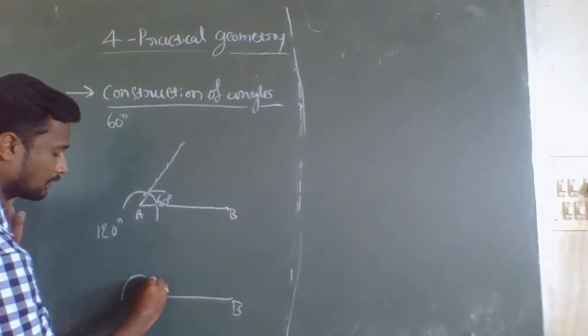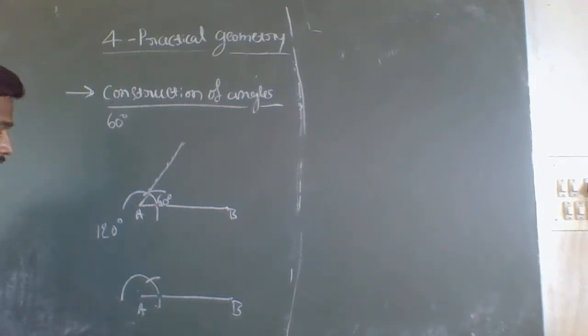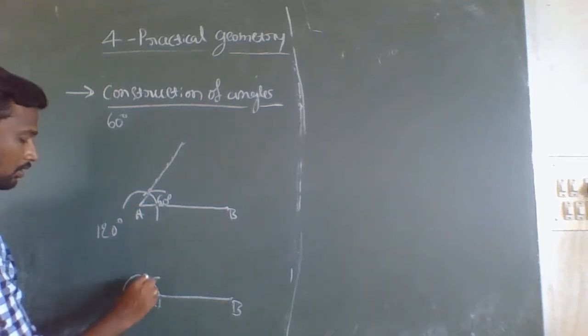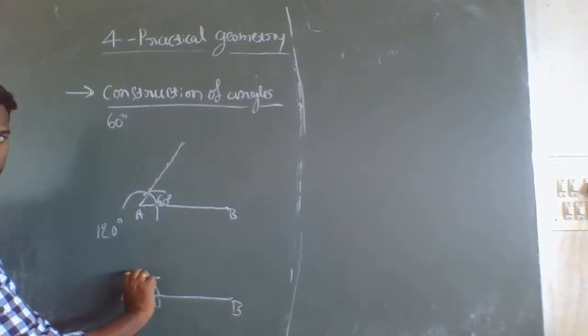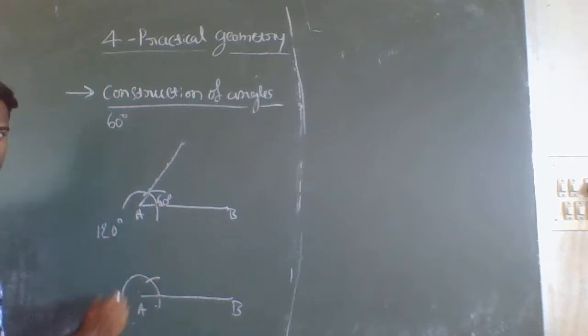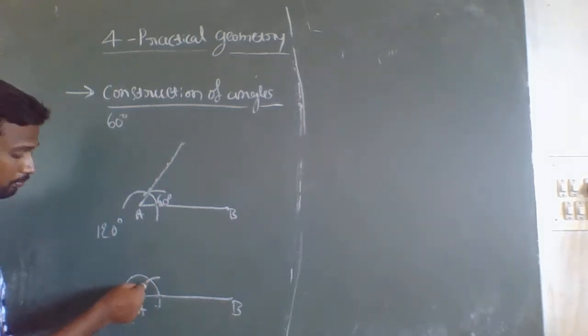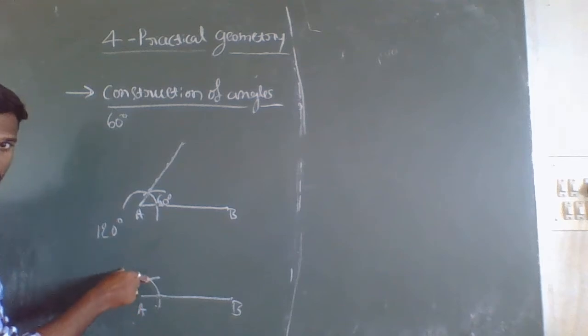So this is 60 degrees, and now again keep the needle of the compass on this intersecting point and draw an arc on this line.